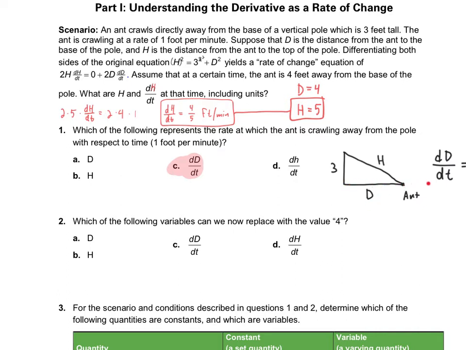So the rate of change of the ant is the same as the rate of change of this distance. They mean the same thing. Okay, which of the following variables can we now replace with the value of 4? I guess d is 4. So, weird question.